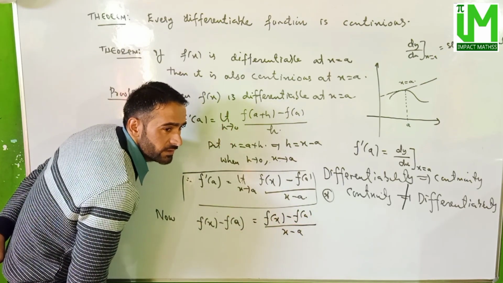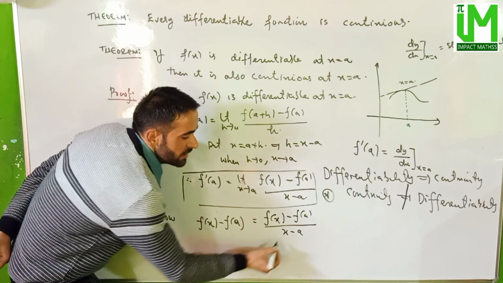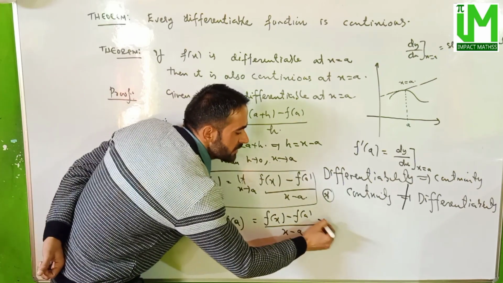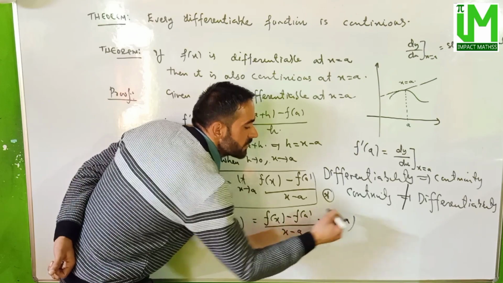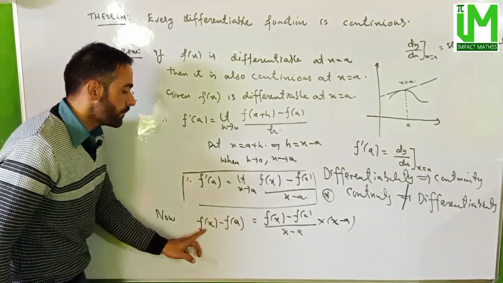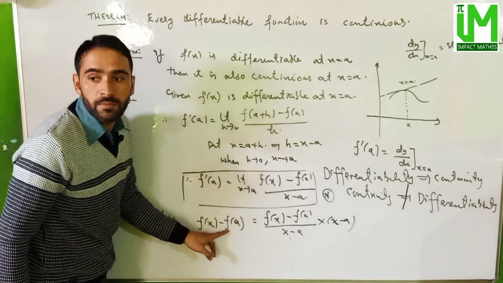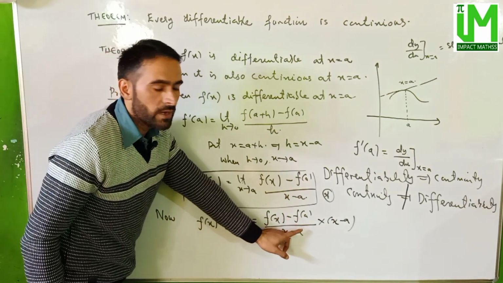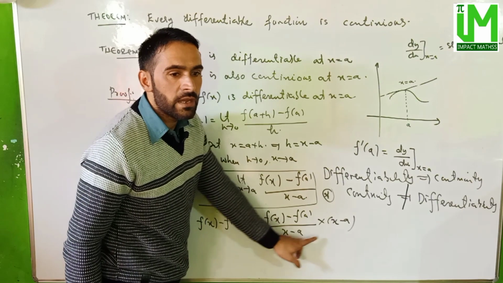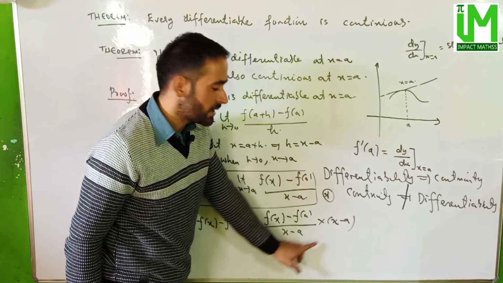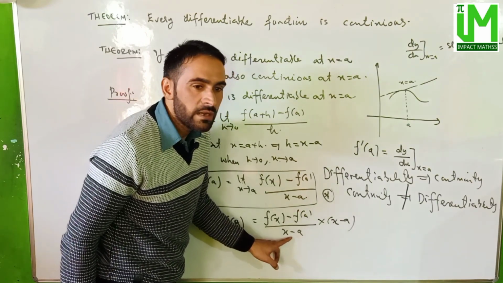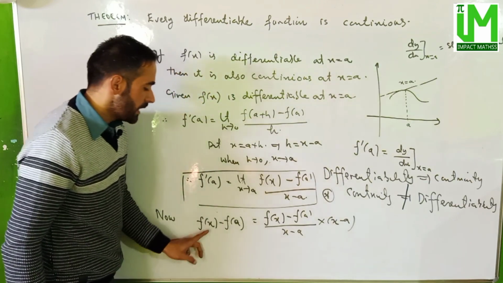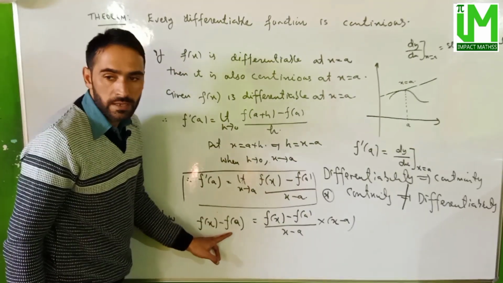Yes, we multiply with x minus a to cancel it out. So f of x minus f of a can alternatively be written as f of x minus f of a divided by x minus a into x minus a. The x minus a will cancel out, so it will be again f of x minus f of a.